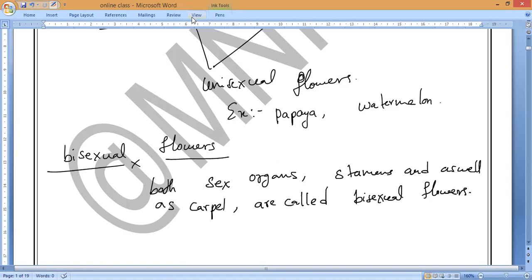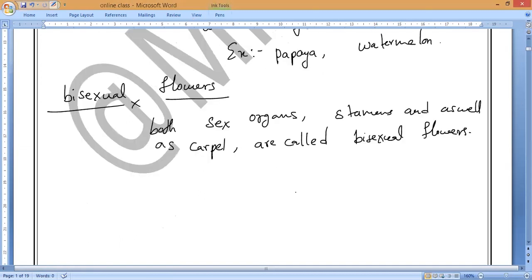Understand, Krutika? Pranav, Himaira. So examples. Can anybody say examples which are most famous in your home? You might also be having bisexual flowers. Anyone? The hibiscus. Yes, hibiscus. Very good.